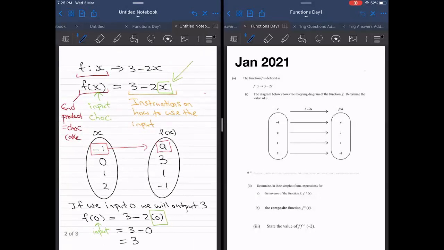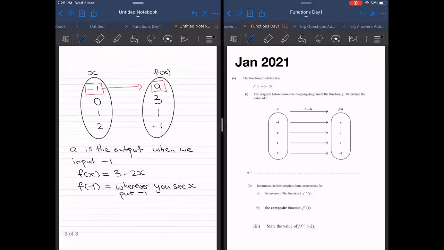Similarly, f of 0 means wherever you see x, you put 0. F of 1, wherever you see x, you put 1. F of 2, wherever you see x, you put 2. F of 100, wherever you see x, you put 100.